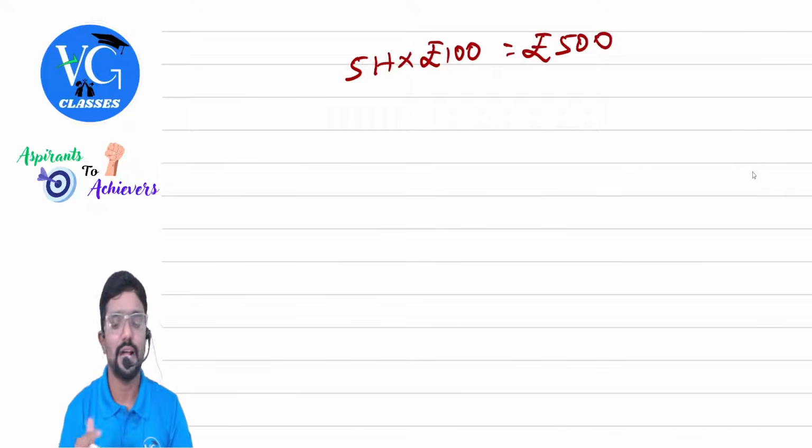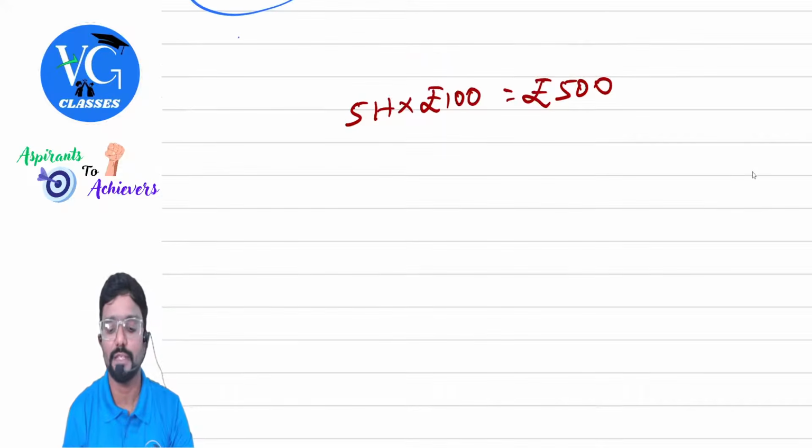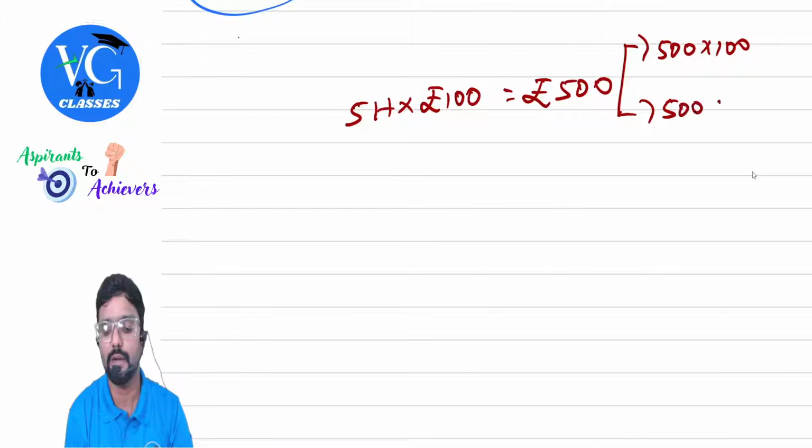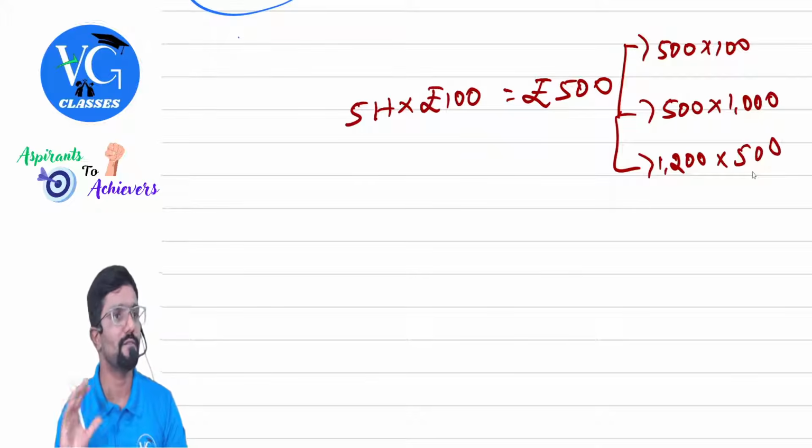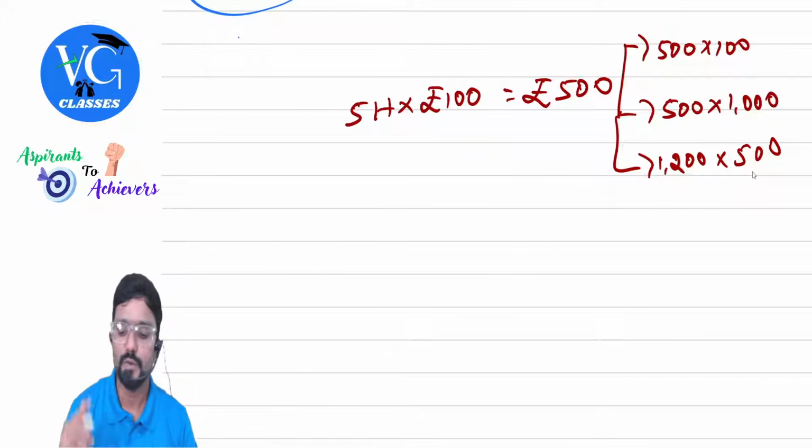Now, if I produce 100 units, what would be my labor cost? 500 into 100. If I produce 1000 units, what would be my labor cost? 500 into 1000. If I produce, assume 1200 units, what would be my cost? 1200 into 500. Hope you are getting it.